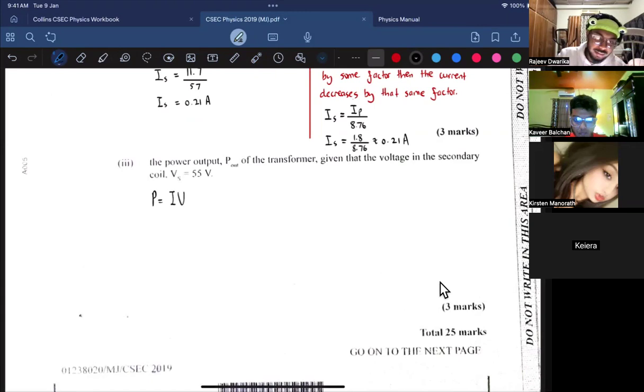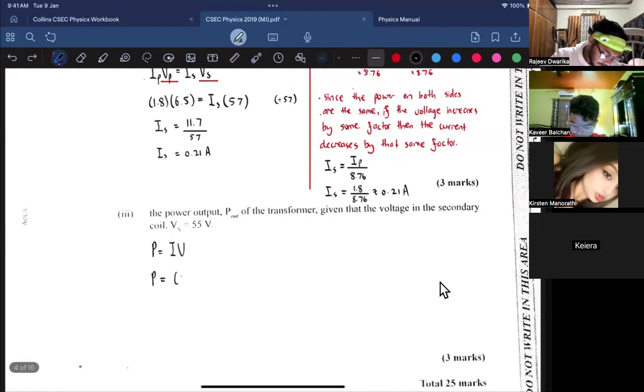And they give you the voltage in the secondary, so we use the current in the secondary. Where's the current in the secondary? 0.21. Right?